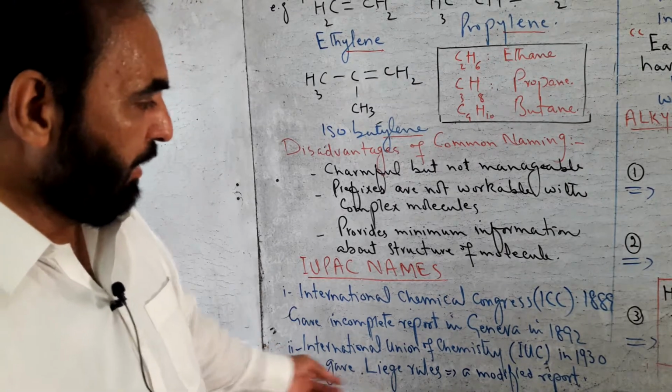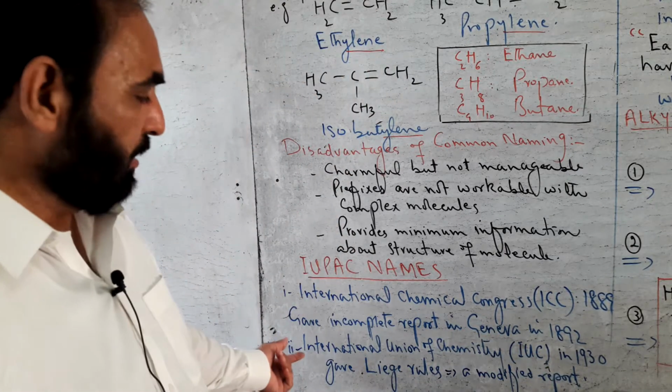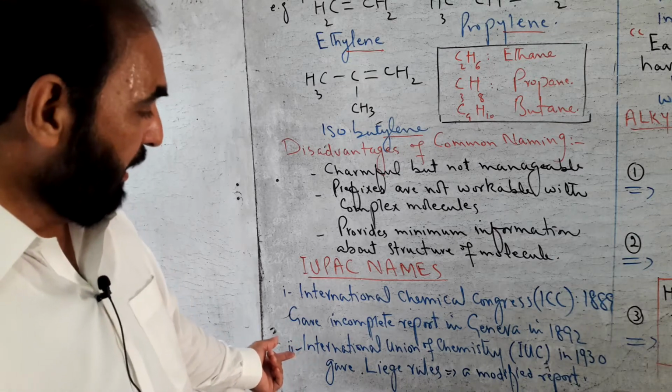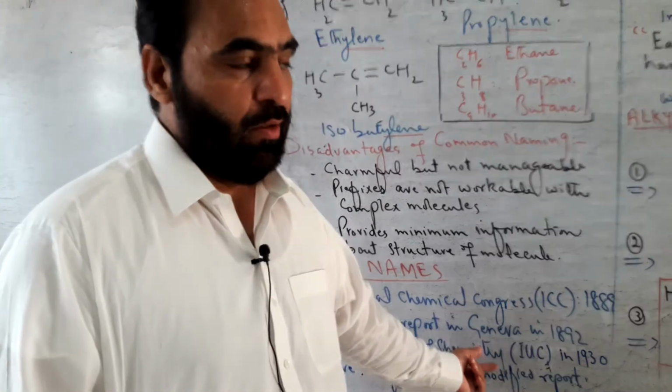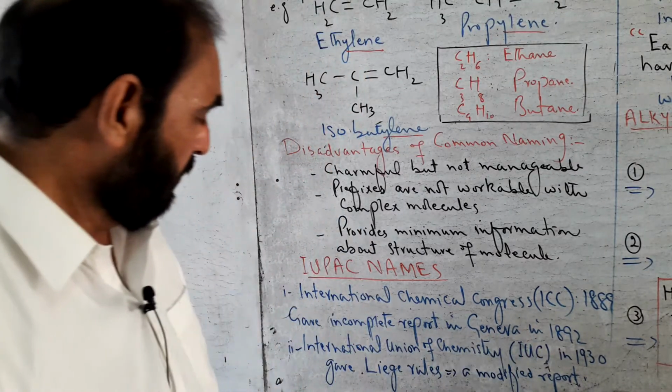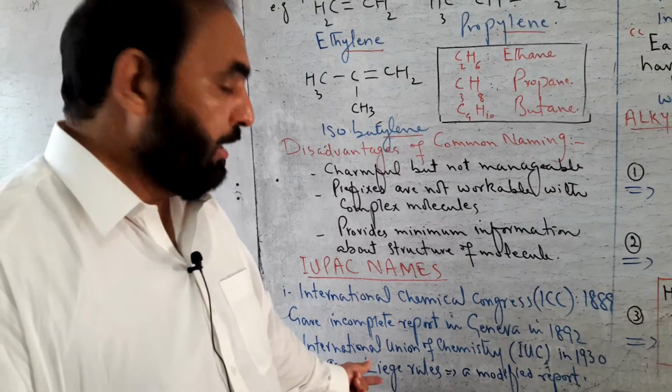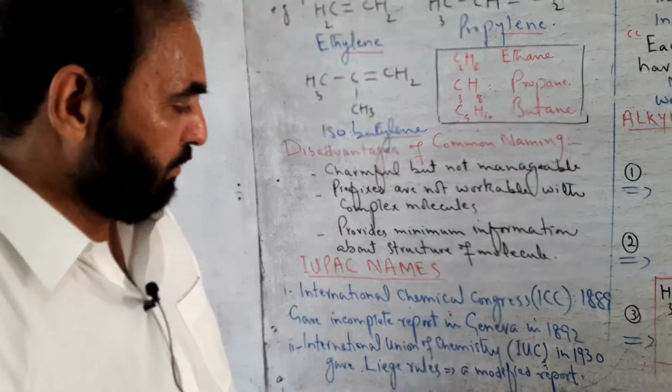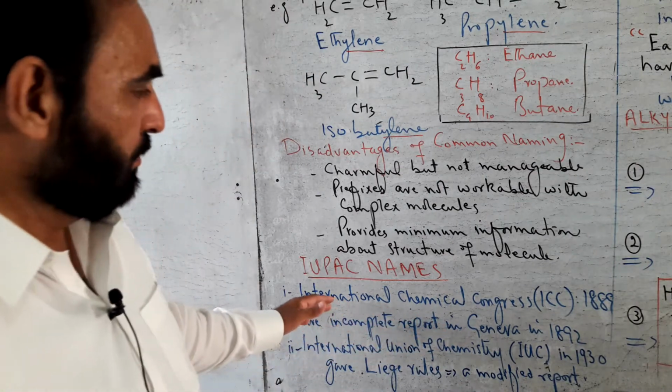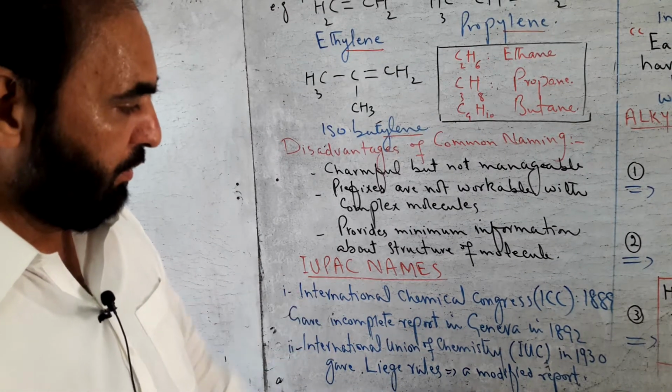Secondly, in 1930, a committee was constituted which is called International Union of Chemistry, IUC, which gave rules, which is modified form of ICC rules.